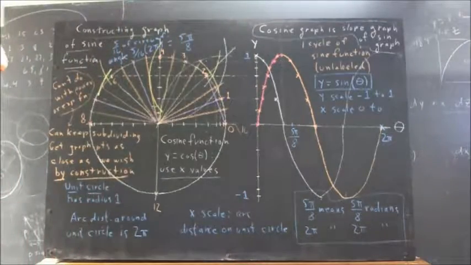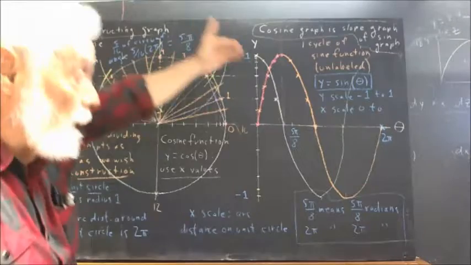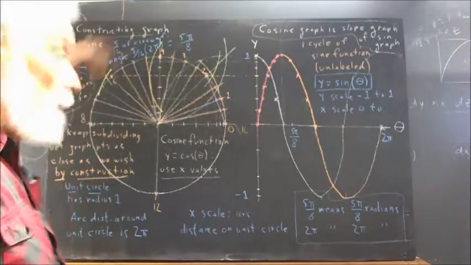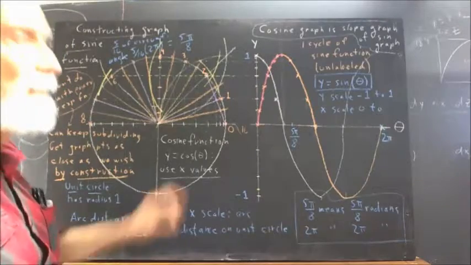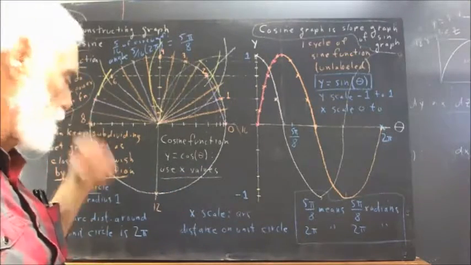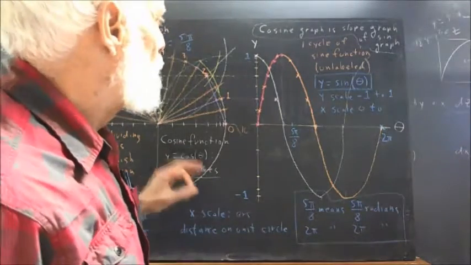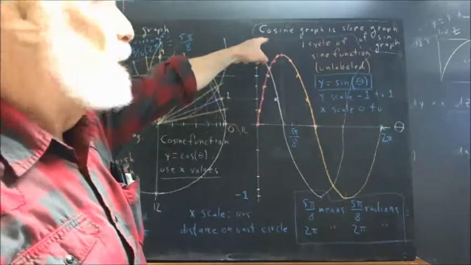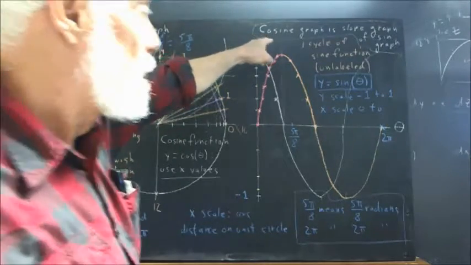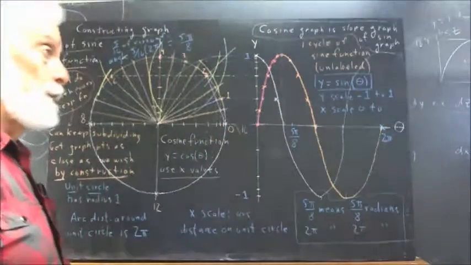Now, working out just why it is, if you use these coordinates, the graph that you get is the slope graph of the graph you get if you use these coordinates. We'll let that remain as kind of a mystery. We probably aren't going to go that deep, at least at this point. The other thing is, this isn't true unless the angle is measured in radians. Okay?